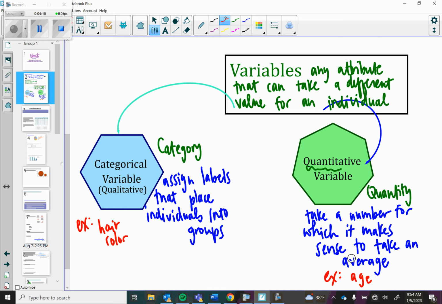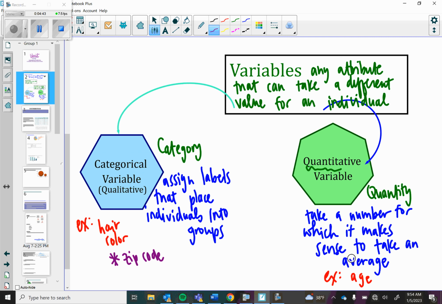There are, though, and this is kind of important, variables that are numbers that aren't quantitative, that it doesn't make sense to take an average for. So not every variable that is a number necessarily is quantitative. A really good example of a categorical variable that takes a number would be your zip code. This is a number, right?